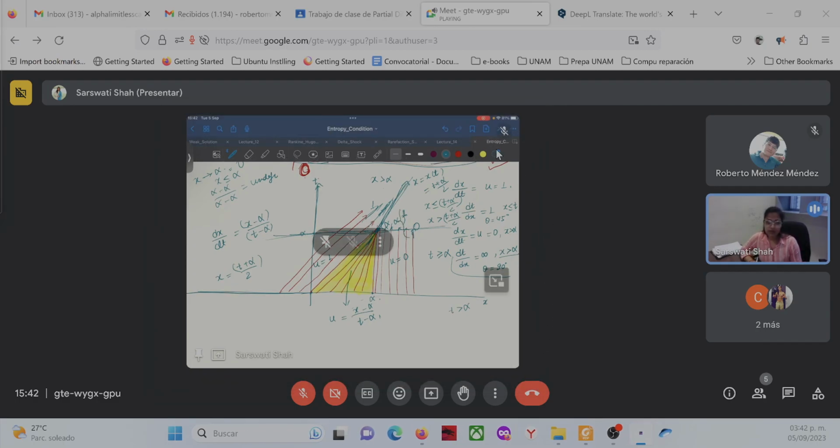Next, we come to this part. There might be more than one solution to a single differential equation. To follow that part, I have already uploaded the notes.